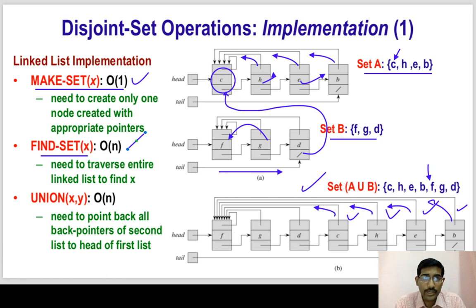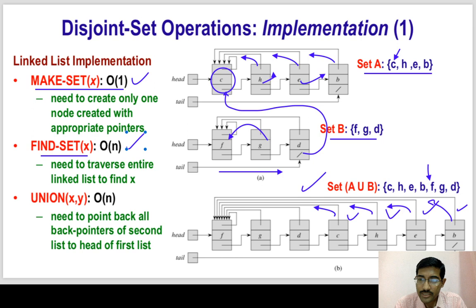And in union, you can easily see that the whole set I need to make at the back of the first set, and all the pointers that were earlier pointing to the representative of this particular set, C, all of them have to point back to a unique representative in the union set, that is F in our example.